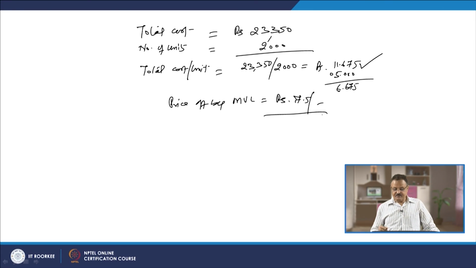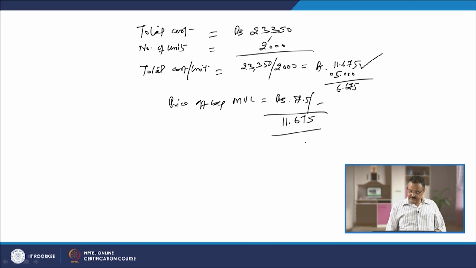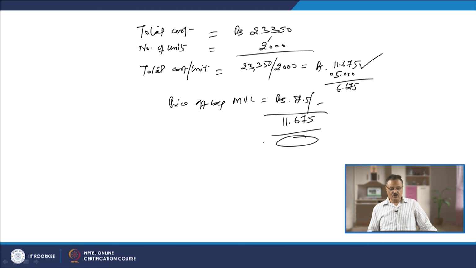So, any product which is costing us 11.675, you can understand the difference we are incurring here, the difference in the price. If you calculate this difference, you will be able to understand it.